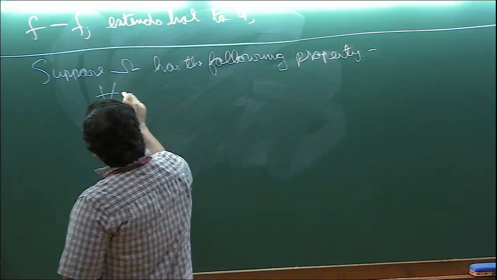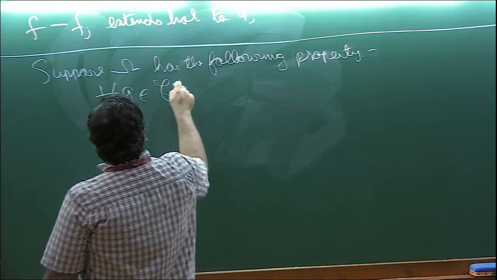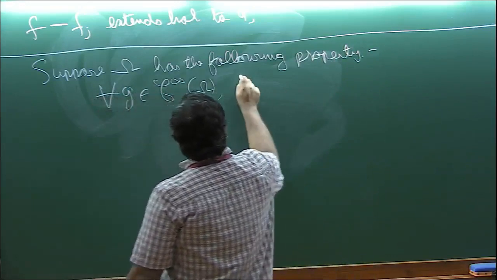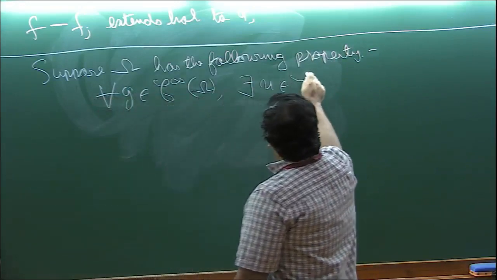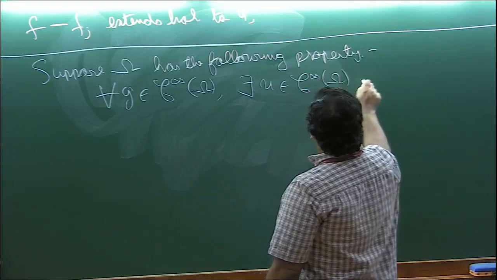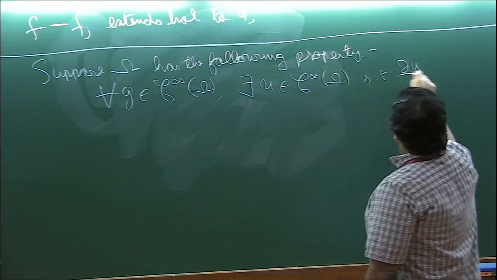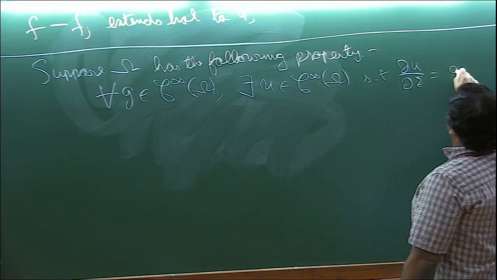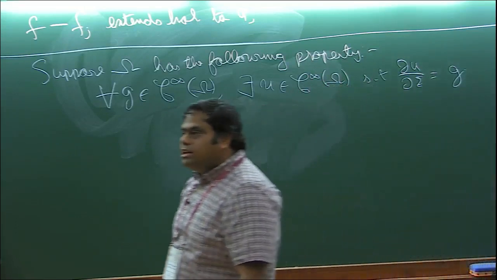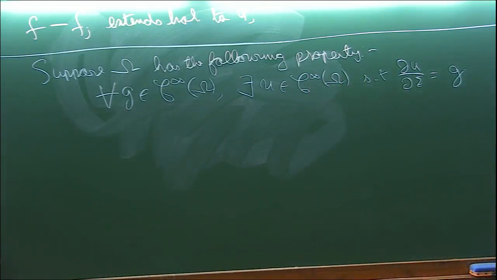So if I take a function g, which is smooth in the interior of omega, there exists a function u, also smooth in the interior of omega, such that this u is a solution of the inhomogeneous Cauchy-Riemann equation with g the right side. Suppose I can solve every such equation.